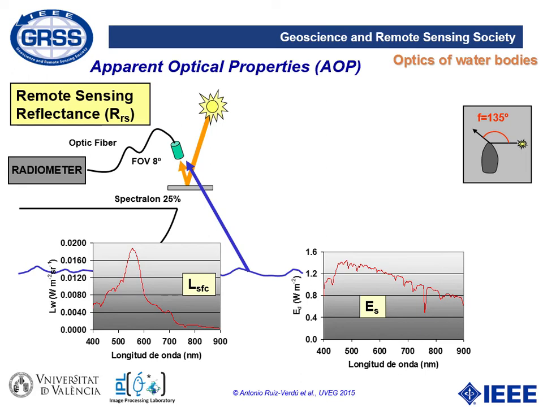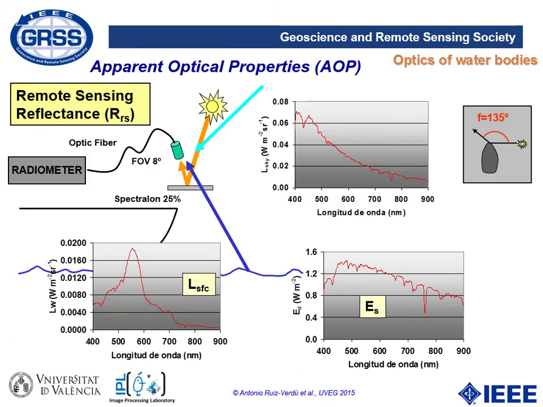And then it's very important also to measure the sky radiance. That means the diffuse radiance that is reaching the water body in the same geometrical or observational conditions that the radiometer is measuring. And this is called the sky radiance.